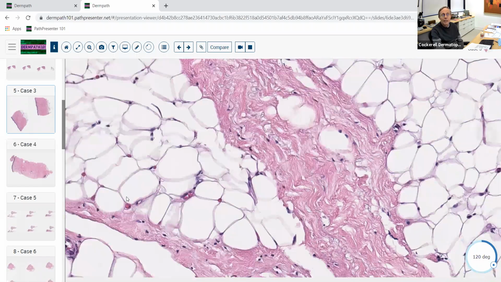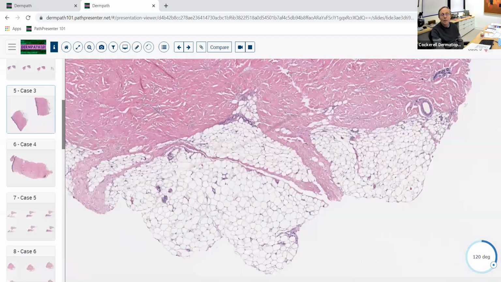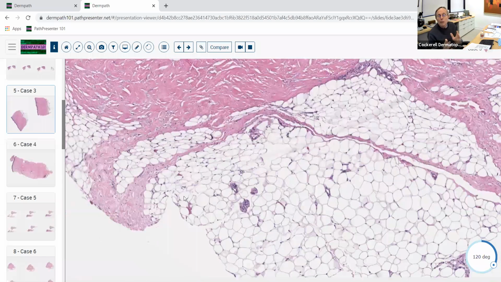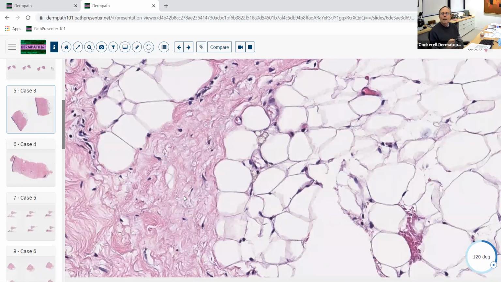These are markedly thickened. They shouldn't really be that thick. Normally they're almost invisible. When they start getting thicker, you can see them like this. That's really pathologic. And you can see a little bit of that edema right over here in this one. There's some mucin and edematous collagen there, edematous stroma. That's what you see in the early edematous stage of morphea or scleroderma.